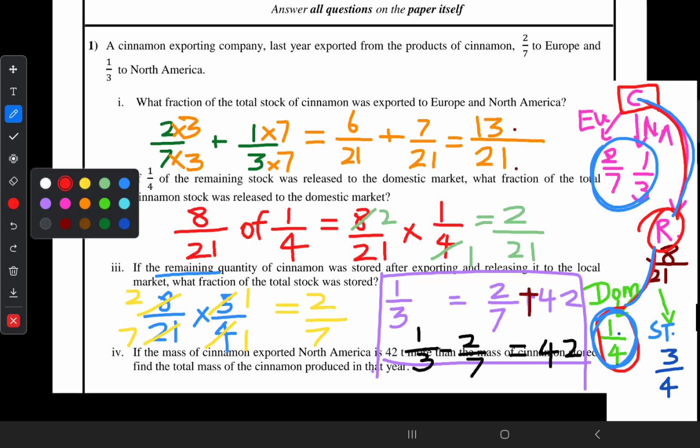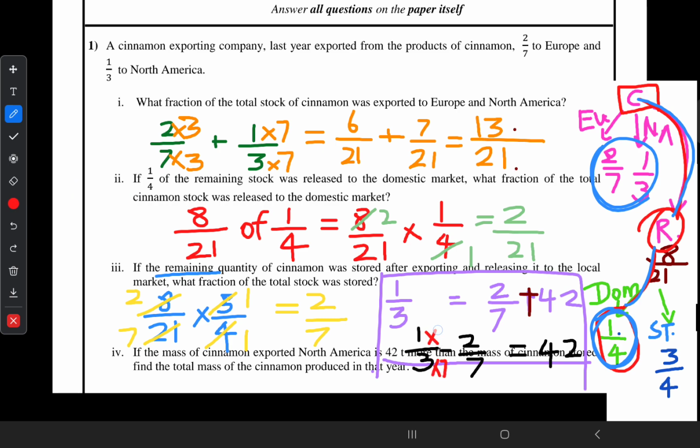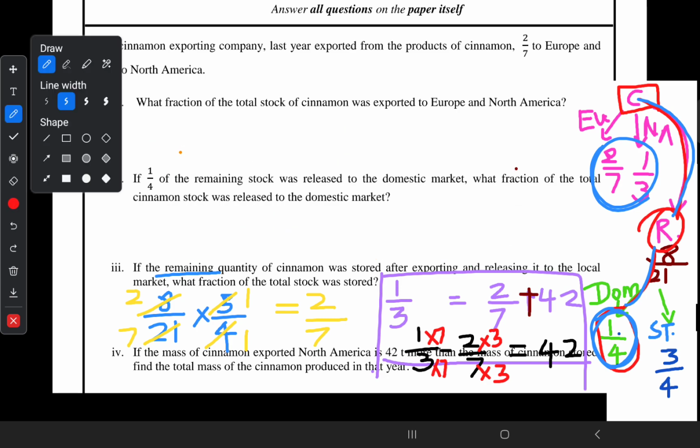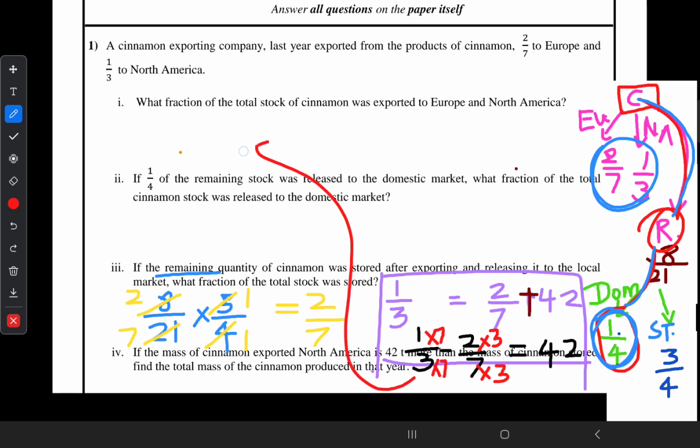Before subtracting, you should equalize the denominators. For that, I'll multiply this denominator by 7 and this fraction should be multiplied by 3. Likewise, you should subtract. So 1 upon 3 equals 2 upon 7 plus 42.